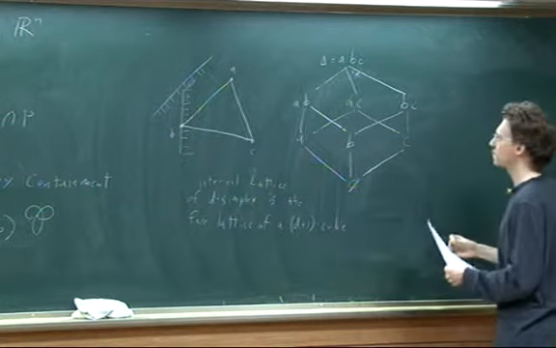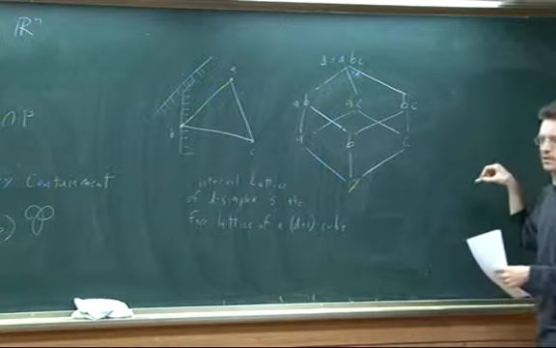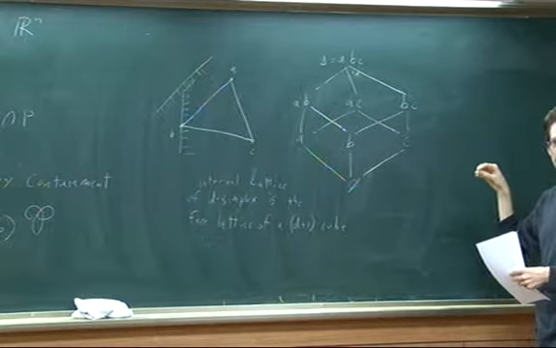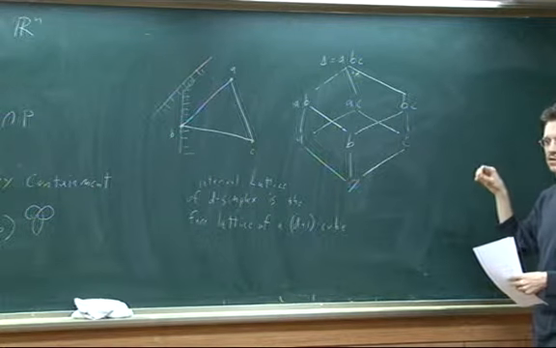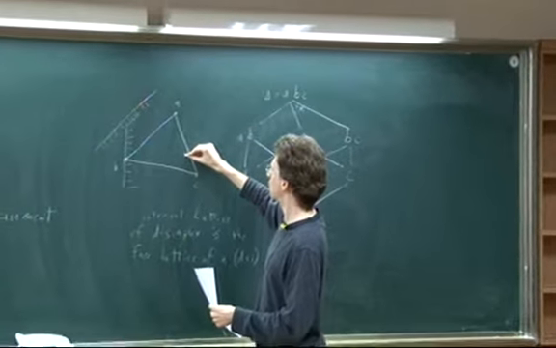So you look at this picture, it kind of looks like a three-dimensional cube. So does that make sense? More or less? Well, you're talking about the interval lattice of a poset. Right, so a simplex is a poset.